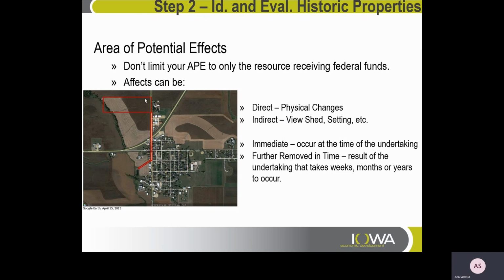Therefore, the APE must include the full area that will be impacted by the project. Think about all the possible effects as you define your APE. As I mentioned earlier, downstream effects may be something you have to consider that aren't immediately within the construction area of your project.